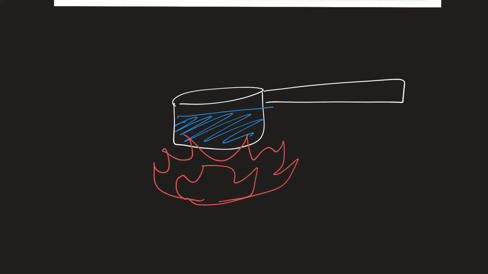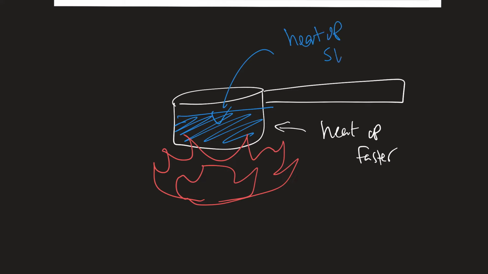And so if the metal has a lower specific heat capacity than water, then that means the pot is going to heat up faster than what you have here in the water. So the water is going to heat up slower, all right? It just needs more energy in order for the water to increase its temperature.